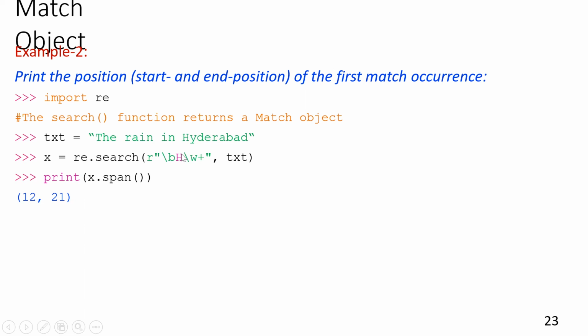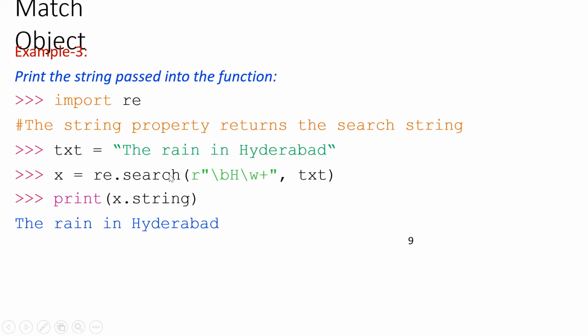That is one object. And one more object is string: we have given the same pattern, and we are calling the match object's string. Whenever you call string, since H matches here, it will give the entire string as an output. That is one match object.